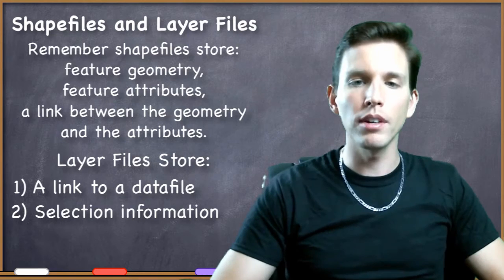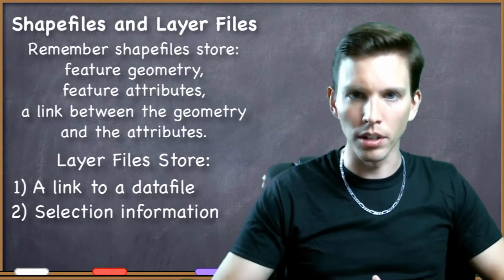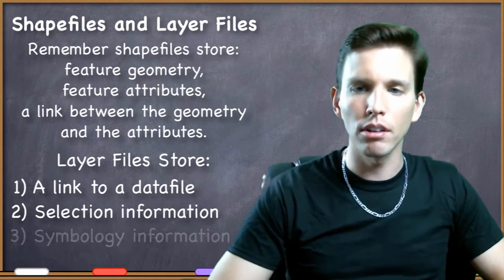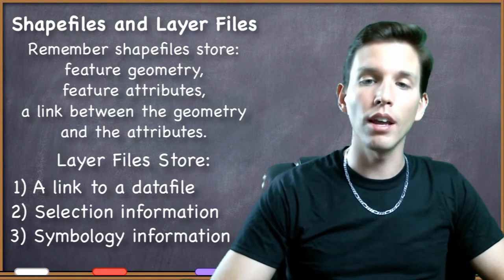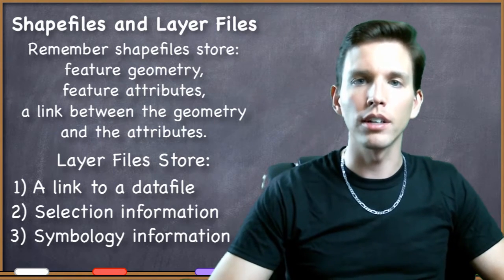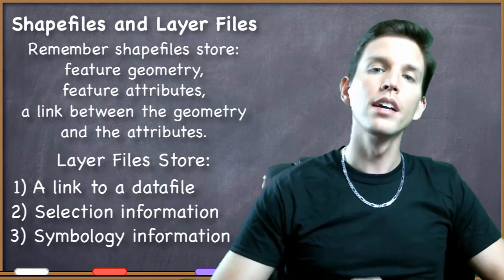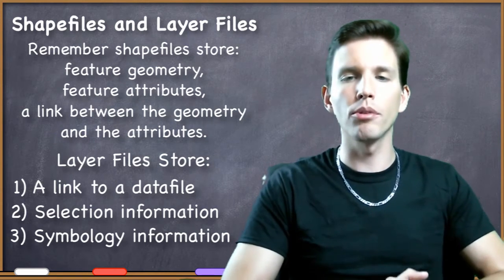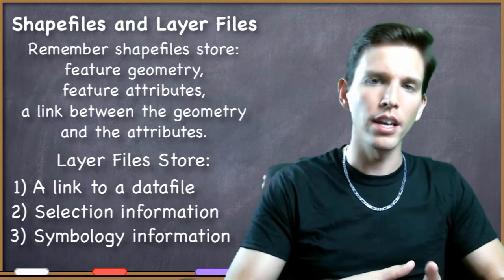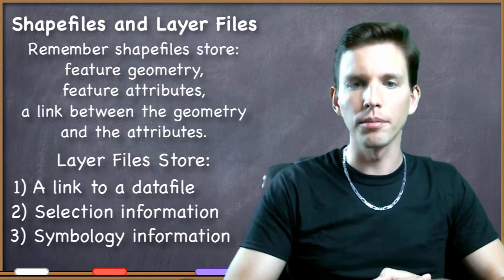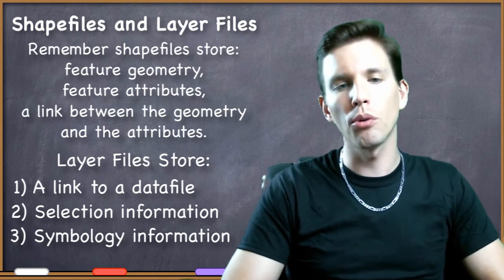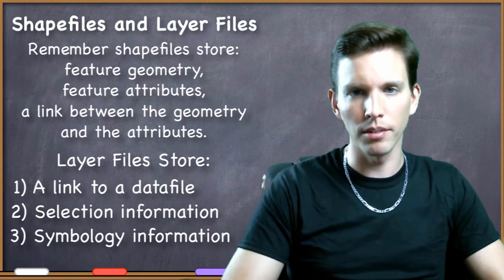So by saving the symbology, you could import it into a new project. And that's the third thing the layer file can save for you. This layer file can save your particular symbology for a data set. This explains why when you bring a new shapefile into a project, it appears in a random color. And that's because the shapefile doesn't store any symbology information.